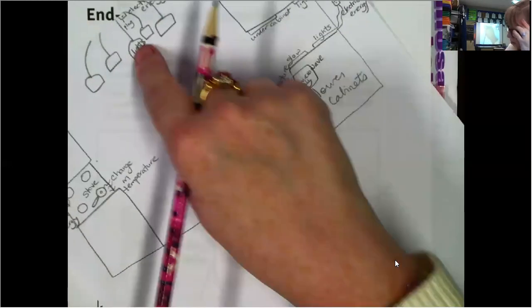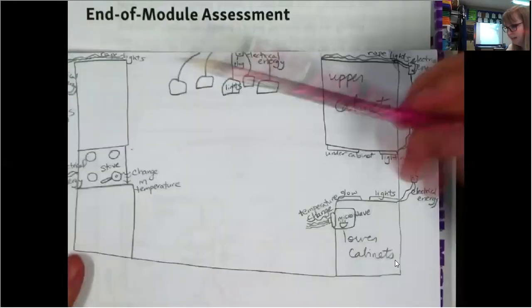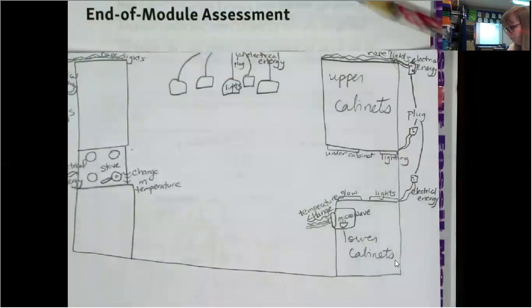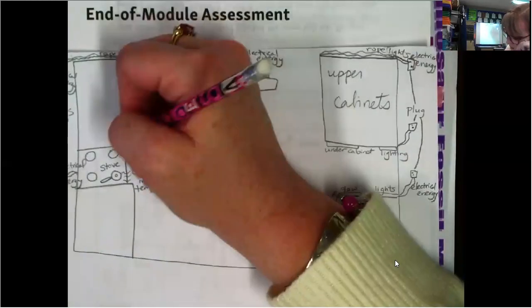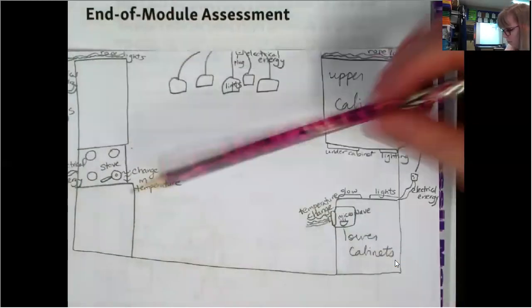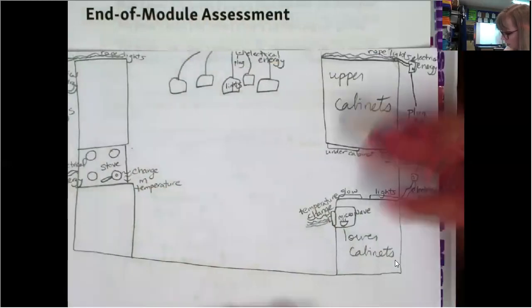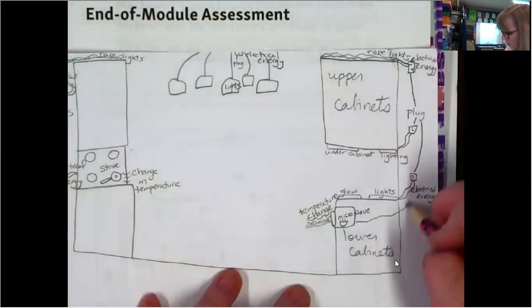Lights that are plugged in. I don't have under cabinet lights over here because of the stovetop. I'm not really wanting to cook the lights. Glow lights here that are plugged in. The microwave is plugged in.